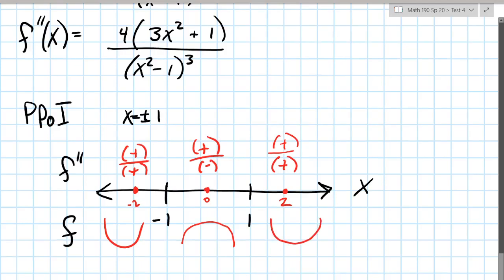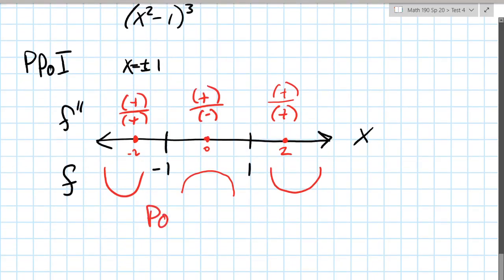At this point, you might be tempted to call this a point of inflection, but it's not, since the function is not actually defined at x equals negative 1 or positive 1. That's why we put our dotted line here to remind us that we have some asymptotes there and not features like maxes, mins, or points of inflection.